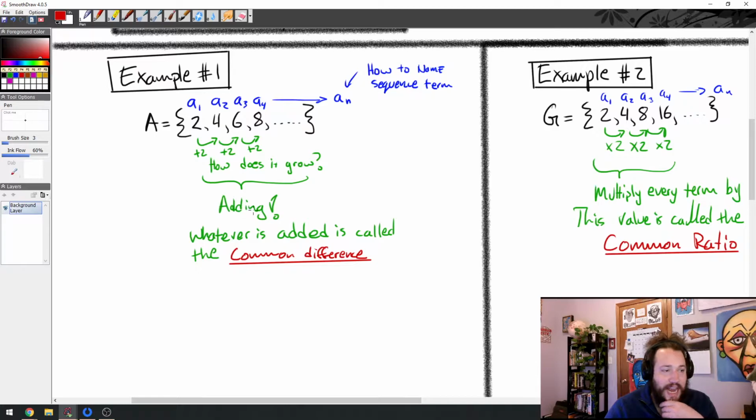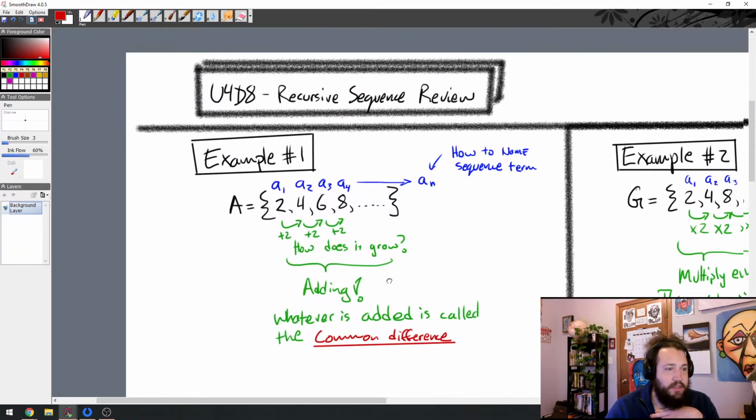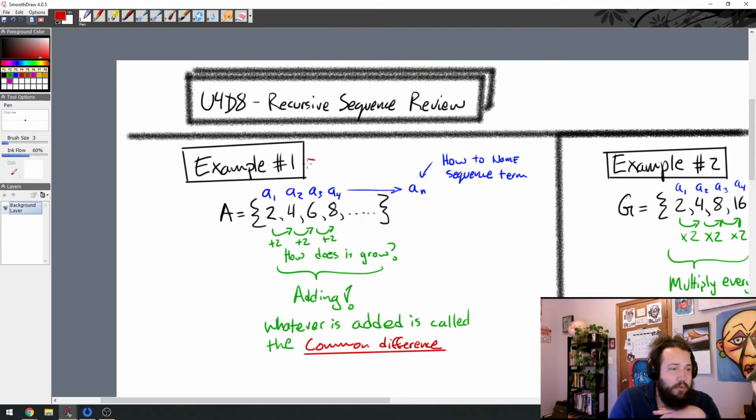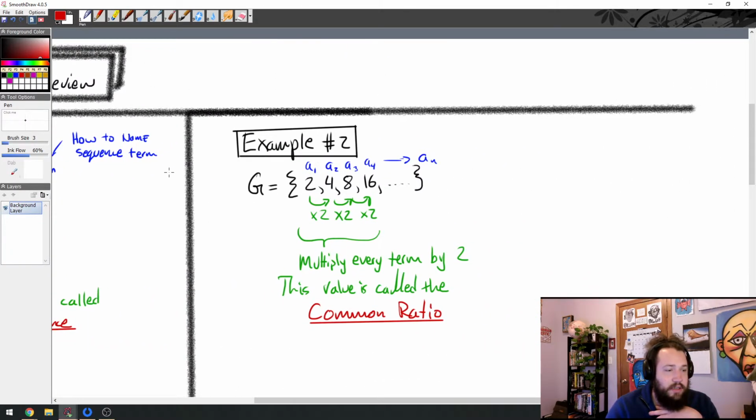If it is adding and it has a common difference, that means that this example is my arithmetic example. And if it is growing by multiplication or division, that is my geometric example.